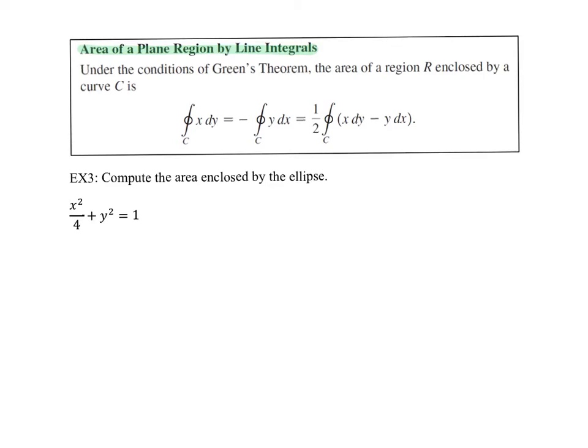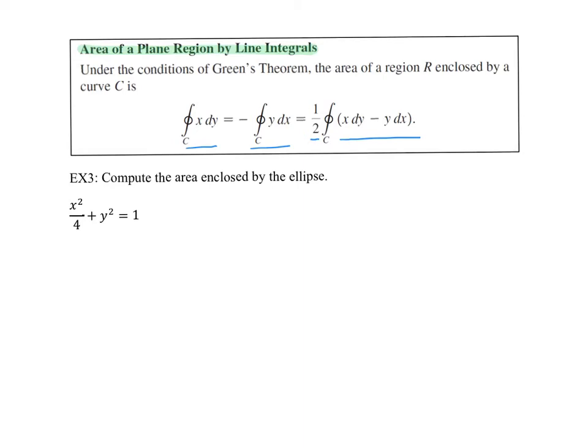So you can either use the first integral, which is the x dy. You can do negative y dx, or think about adding those two integrals together. Since they are equal, you can add them together, divide by 2, and compute the area of a region using the third form.